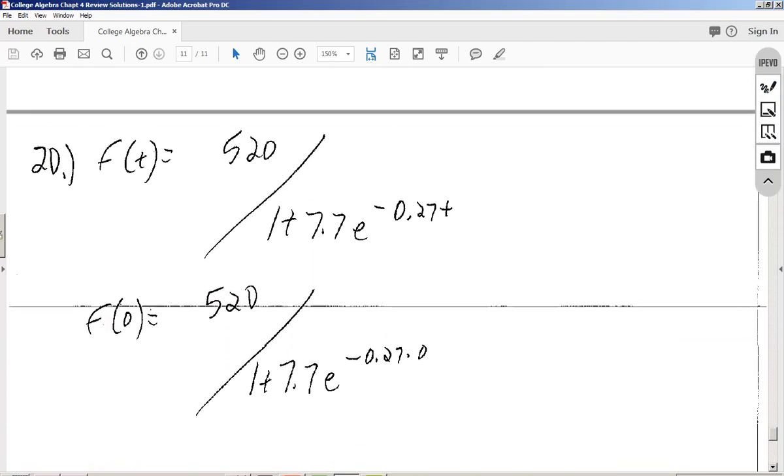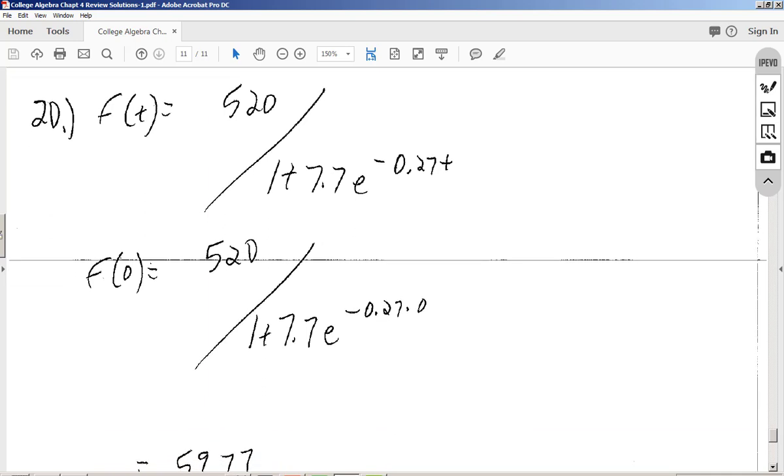On my last problem, number 20. Number 20 says the logistic growth function f of t equals 520 over 1 plus 7.7 e to the negative 0.27t describes the population of a species of butterflies t months after they're introduced to a non-threatening habitat. How many butterflies were initially introduced to the habitat?